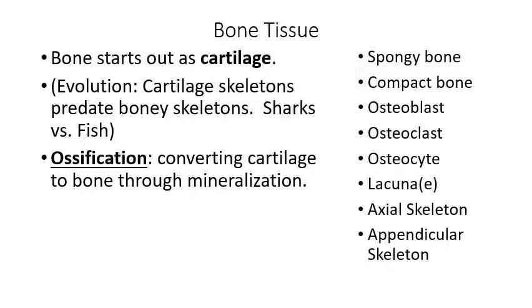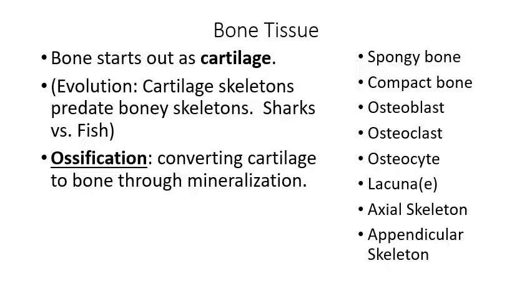And the earliest fish had skeletons made of cartilage, and we call those chondrichthyans. Later on, some of the chondrichthyans evolved into what are called osteichthyan fish or bony fish, where they put mineral salts into the bones to create bony fish.